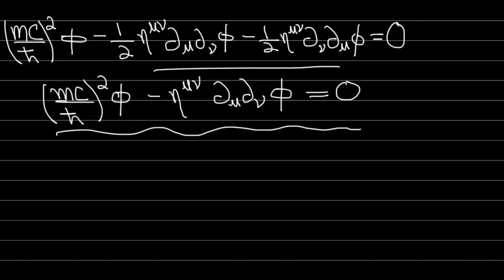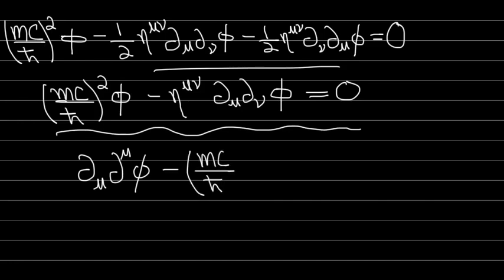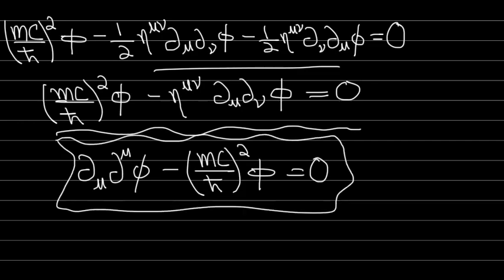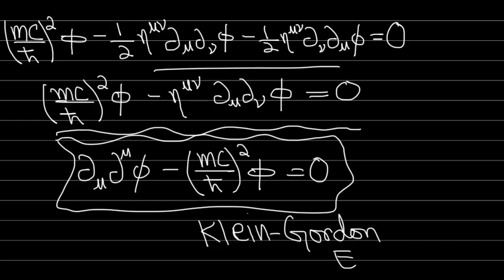So we can write this equation as partial mu partial mu phi minus mc over h bar whole squared phi is equal to 0, and this equation is then the Klein-Gordon equation, right?